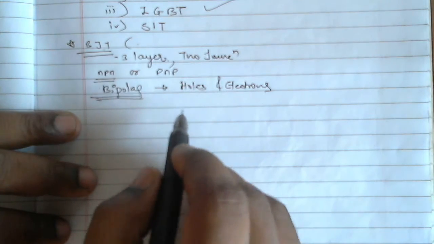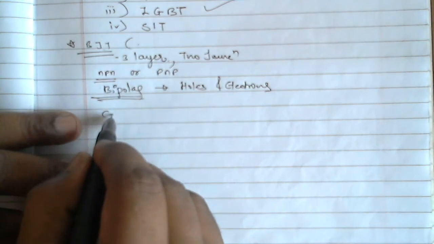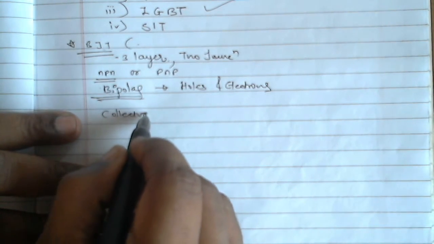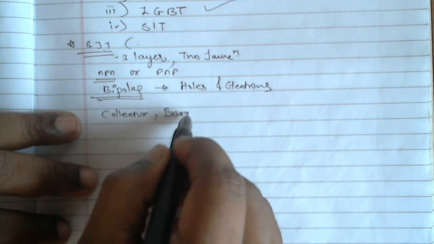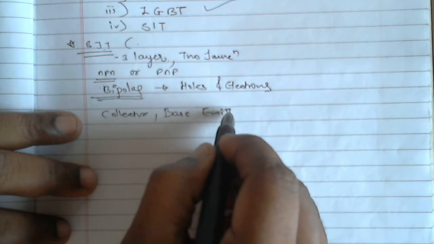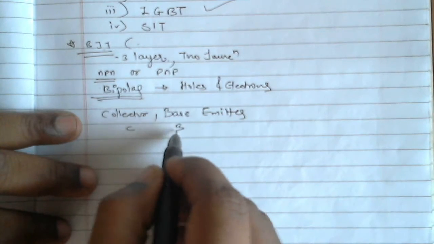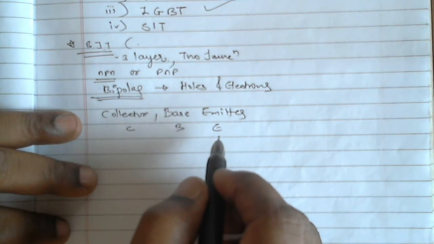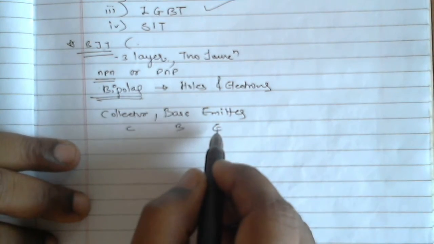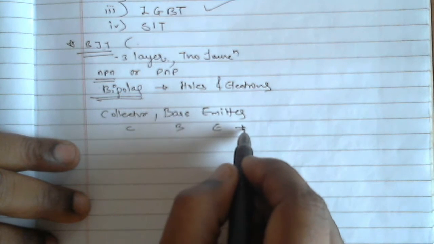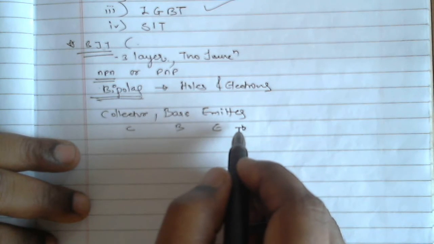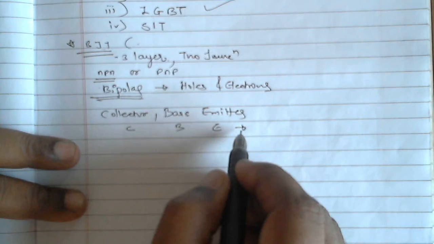Are you getting it? Now its terminals are named collector, base, and emitter, C, B, and E. The emitter is indicated by an arrowhead, showing the direction of emitter current. Let me show you the symbol, then you will understand. This is an NPN transistor with collector, emitter, and base. The symbol is like this. Here the arrowhead indicates the direction of emitter current.